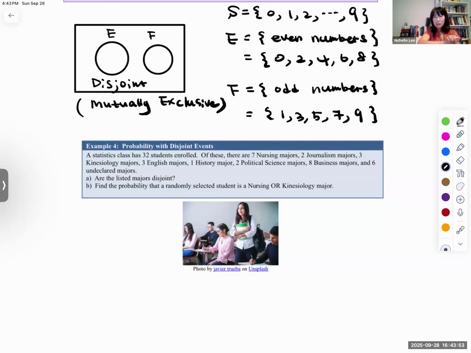What do you think? They don't mention double majors or minors, so we can guess they are disjoint.